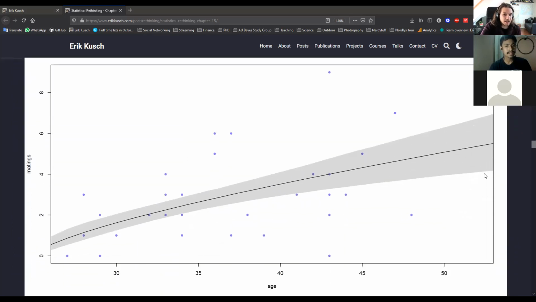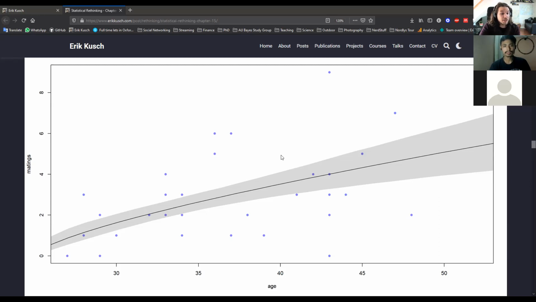And for this, I just extract this relationship here, and this is how the baseline model sees our relationship between age and matings. The older you get, the more matings you have as an elephant bull. We could discuss whether this fits the data perfectly or not. It obviously doesn't, but also there's just a lot of spread in the data.